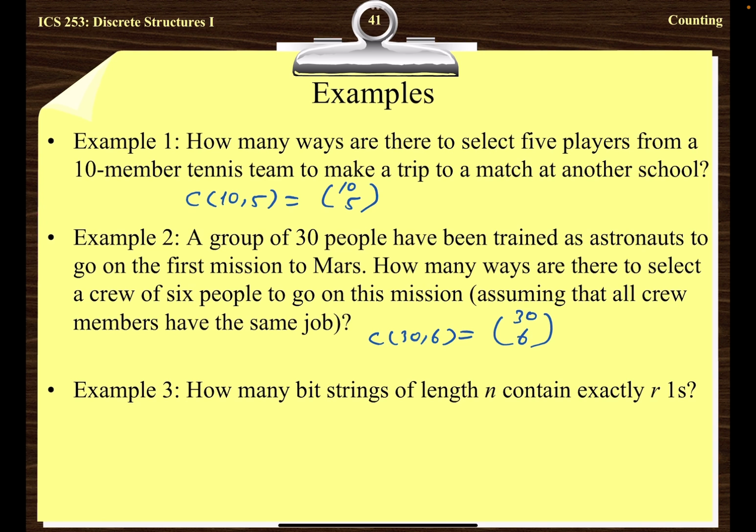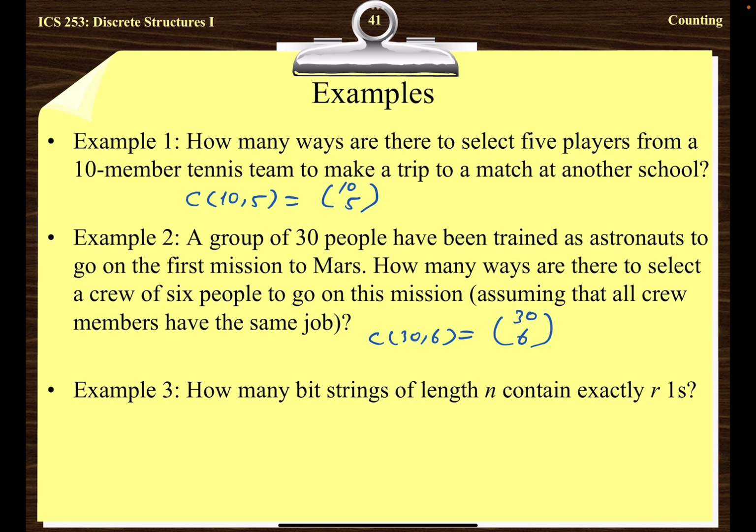Let's take the third example. How many bit strings of length n contain exactly r ones? It's n choose r. Why? Because we have n possible positions.